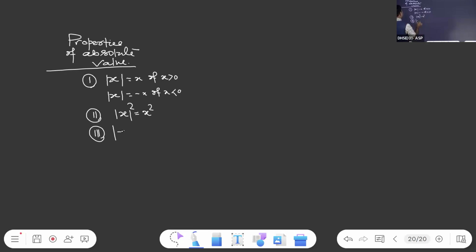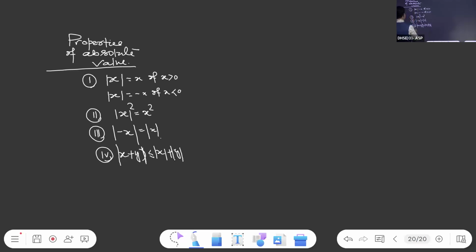Mod of minus x is equal to mod x. Then, mod of x plus y is less than or equal to mod x plus mod y.